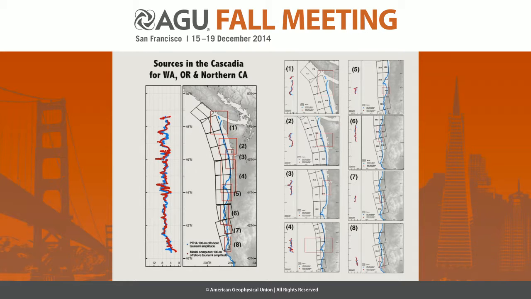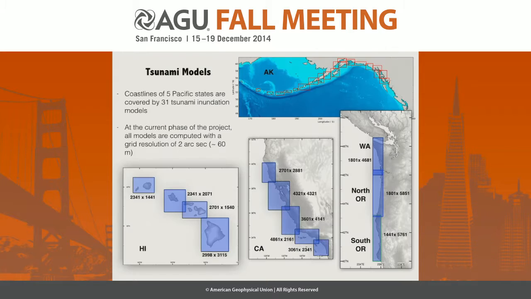For each segment, we come up with a source that can get the best agreement between the offshore amplitude computed results and the PTHA values. So on the left side is a combination of all eight segments put together. You can see, although the results are not perfect, they are pretty good agreement.